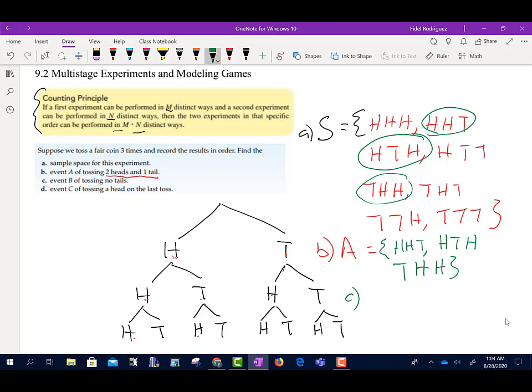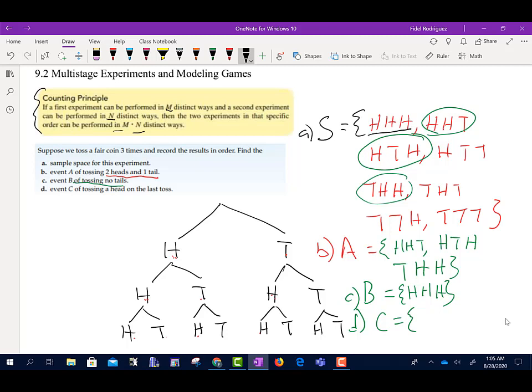Now, part C says, let's find the event B of tossing no tails. So if we're not going to have any tails, then it would just be that one, heads, heads, heads, right? And then part D is event C, tossing a heads on the last toss.